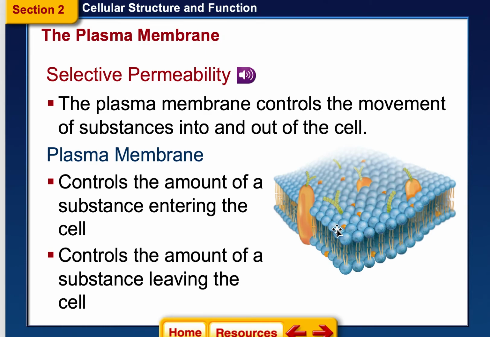Your cell is in water all the time. So by osmosis, water is going to flow in and it's going to flow out. Oxygen and CO2, when you breathe in and oxygen attaches to your red blood cell, your red blood cell takes the oxygen to the rest of your cells, and the oxygen molecule can slip through and the CO2 can slip out.